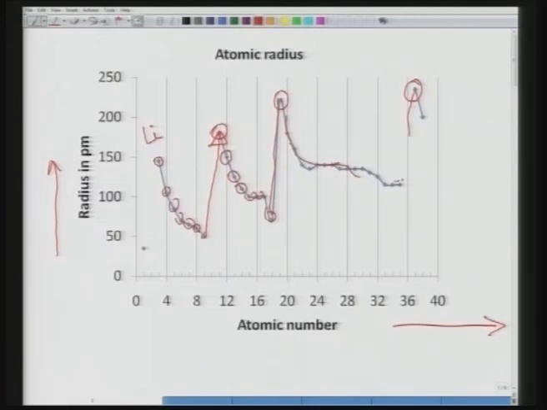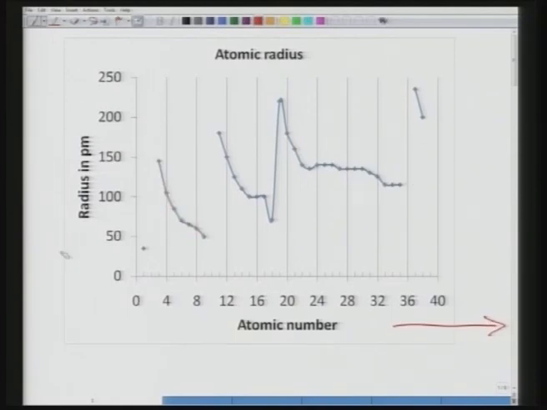This is 37; the shell closes at 36, and once you go to 37 you see that it has gone up. Similarly, here you can see it is at 19. The shell closes at 18, and as you go to the 19th, all of a sudden the atomic radius increases. This sudden change in atomic radius is one indication that you have these different shells.